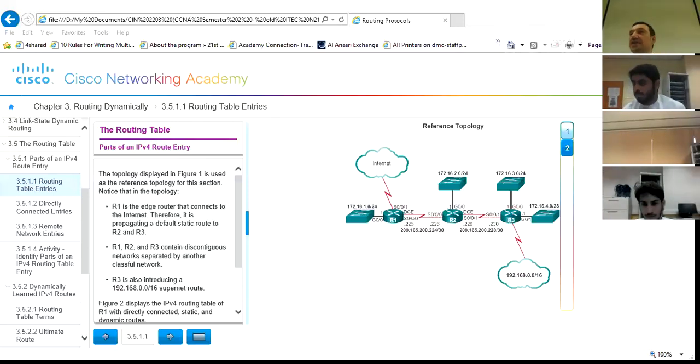Let's say also this network between R2 and R3 is another subnet, 172.16.6.0/24 also. So the only one which is different is this far right network connected to R3. When it sends an update, it says, I am connected to a network. This is version 1, 172.16.4.0. It doesn't say /28. This is classful.